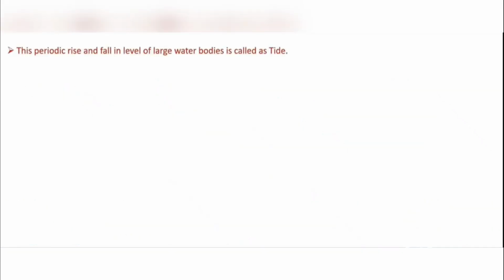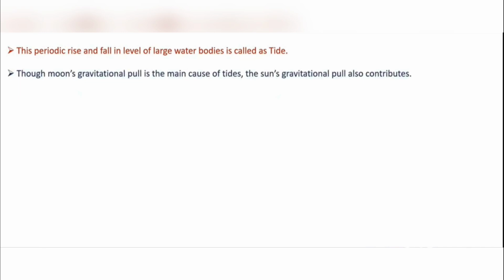This periodic rise and fall in level of water bodies, large water bodies, is what we call as tide. Though moon's gravitational pull is the main cause of tides, as just discussed, the sun's gravitational pull cannot be completely ignored and does have a modifying effect on the tides.